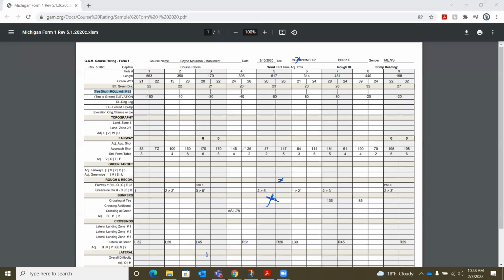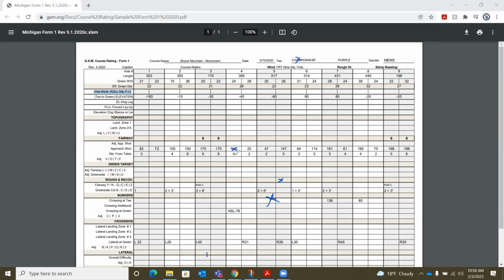When we have a layup, let's say we're doing it for the scratch player, scratch players on the left, we're going to cross out our approach shot, because that's going to change, and we determine that the layup is 23 yards longer than what we normally would have had.